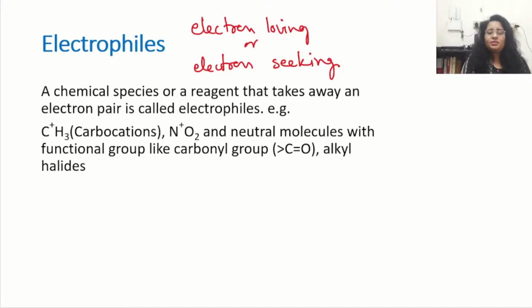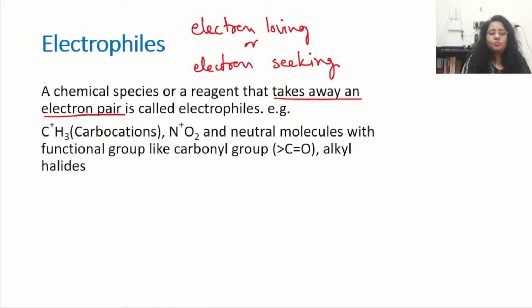So it is a species which is searching for electrons, so it will be deficient in electrons. Let's have a look at the definition. A chemical species or a reagent that takes away the electron pair is called an electrophile. The species which is deficient in electrons is always searching for electrons to take. That kind of species is called an electrophile.